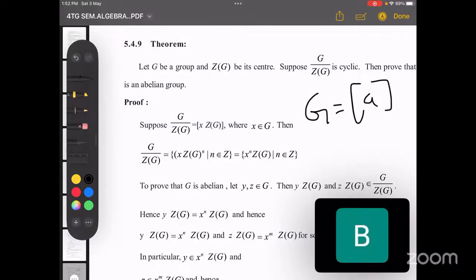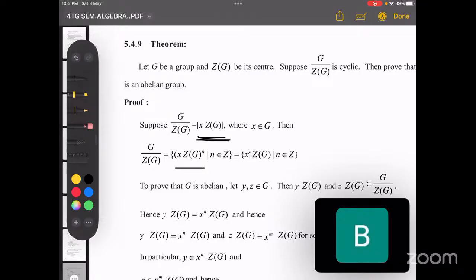So whatever element is there will be in the form of a^n, that is (xZ(G))^n, such that n belongs to the integers Z. So it is equal to x^n Z(G), where n belongs to Z.